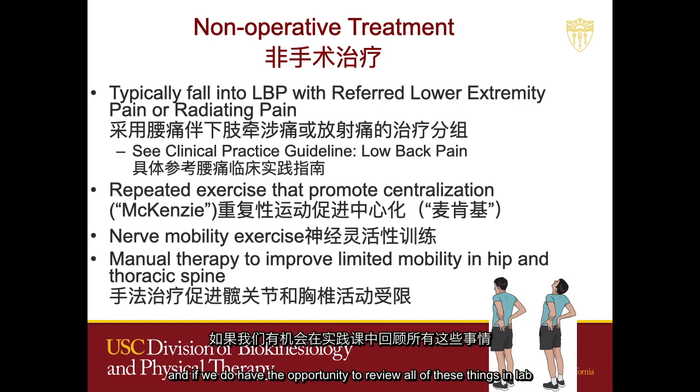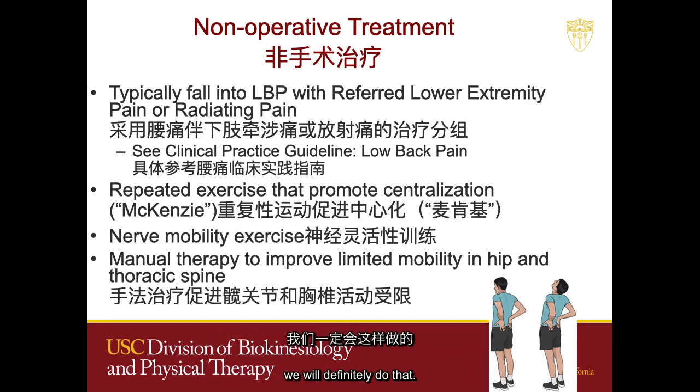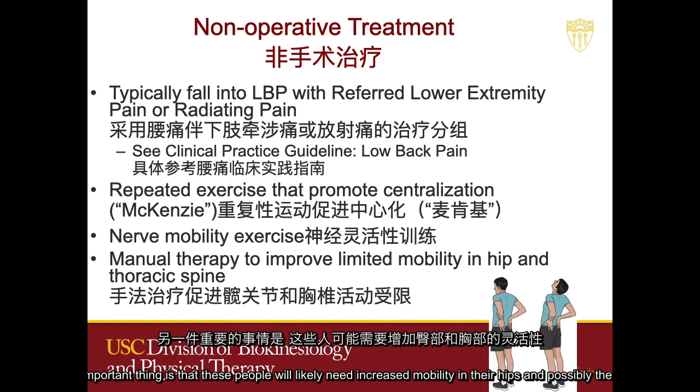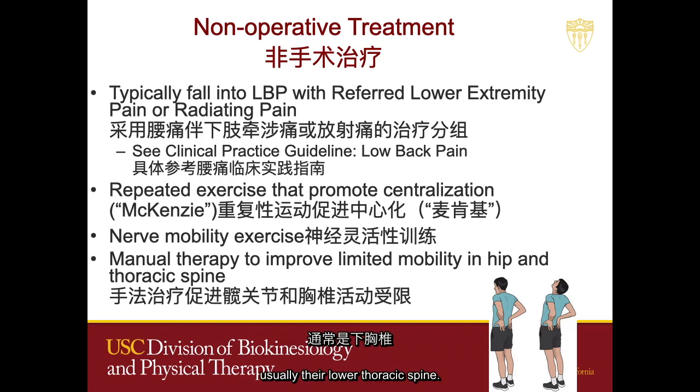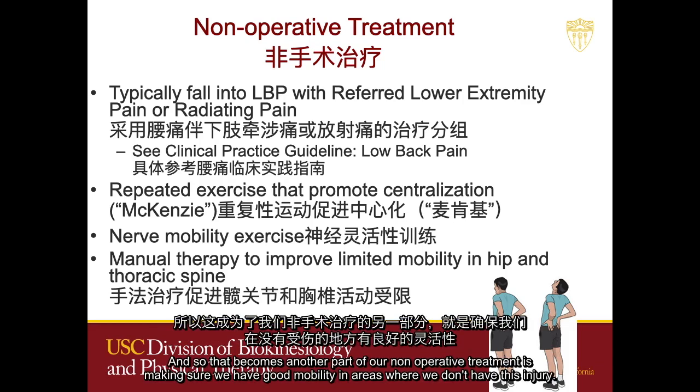And if we do have the opportunity to review all of these things in lab, we will definitely do that. The other big important thing is that these people will likely need increased mobility in their hips and possibly their thoracic spine, usually their lower thoracic spine. And so that becomes another part of our non-operative treatment, is making sure we have good mobility in the areas where we don't have this injury.